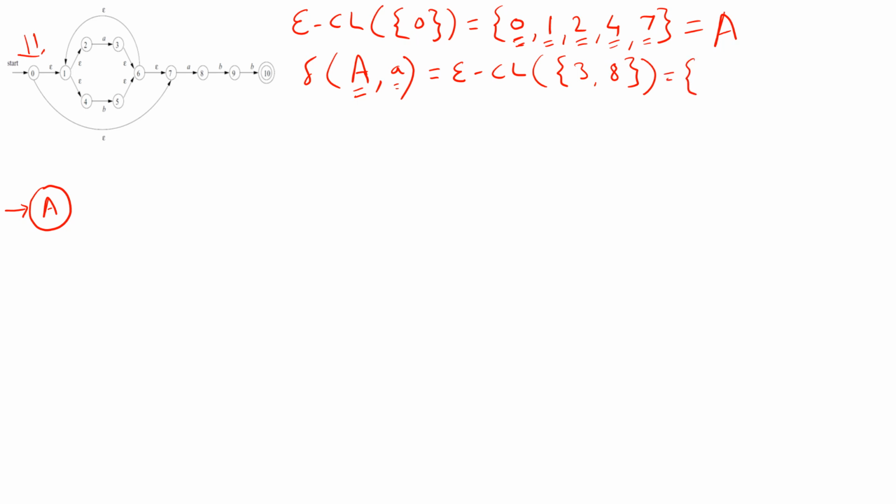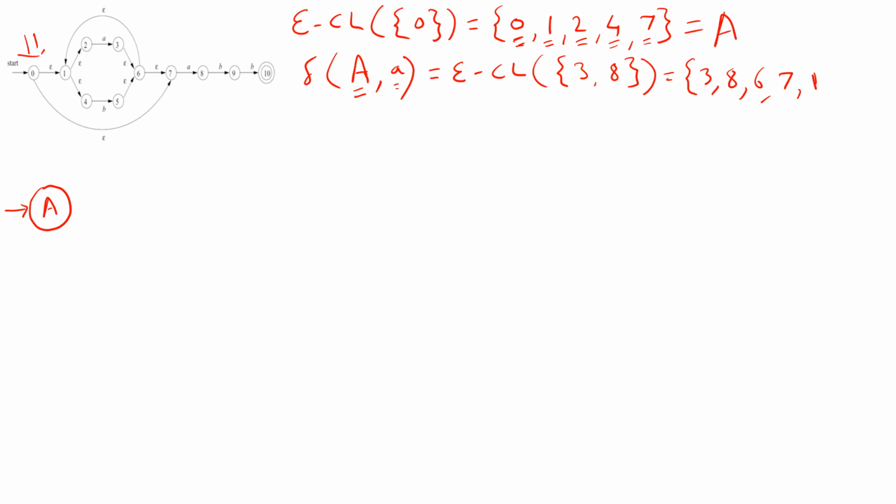We have to calculate this because we haven't calculated this in the past. So epsilon closure of 3, 8 will contain 3, 8. And then we see the epsilon transition from 3. Now we go to 6. Epsilon transition from 8 takes you to 7. No epsilon transition from 6. Epsilon transition from 6 takes you to 1.